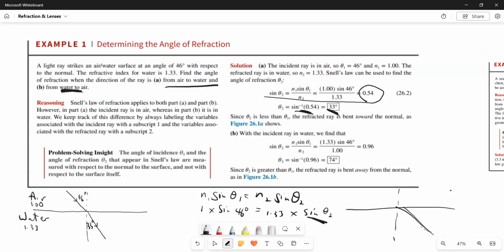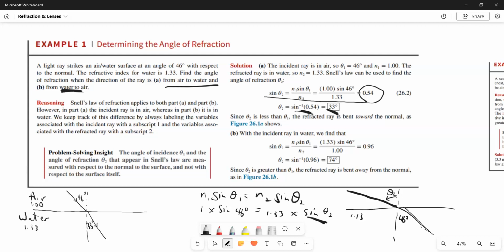What are they saying? They're saying this is 46 now, right? So when it goes out into the air, what will happen? The angle will get greater, right? So it will speed up this way. So that's the other angle that we don't know, theta 2, right?